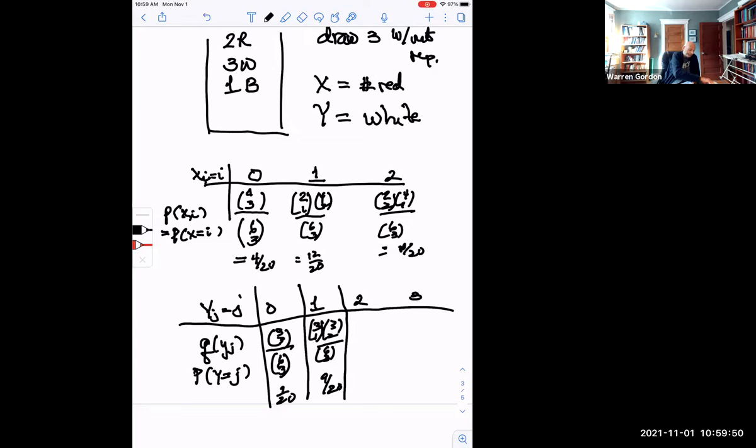Here I get 3 choose 2. Again, these are the exact numbers in the text. I'm purposely using those. That's 9 out of 20. And 3 choose 3 over 6 choose 3 turns out to be 1/20.